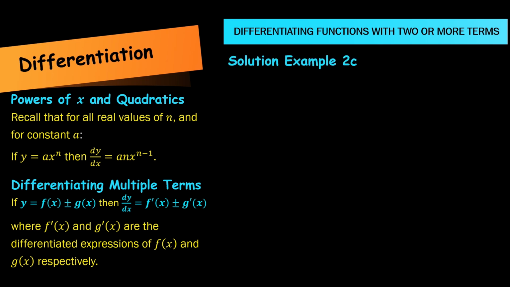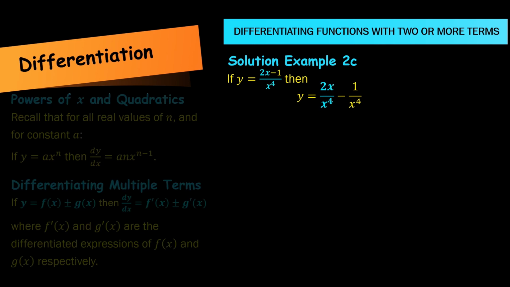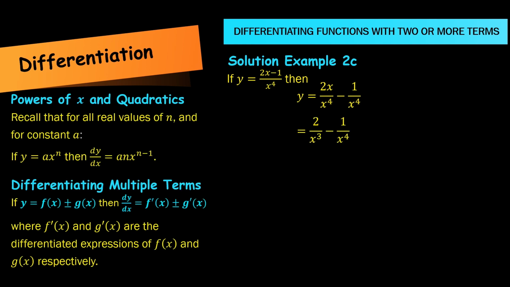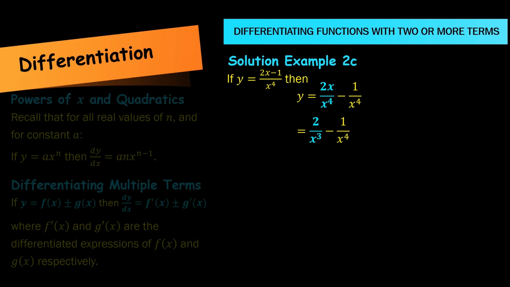Now let's solve example 2c. We are required to differentiate the expression shown on your screen. Again, we need to put this in a format that we can work with. So if y equals (2x minus 1) over x to the power 4, then this can be rewritten as 2x over x to the 4 minus 1 over x to the 4, giving us 2 over x cubed minus 1 over x to the 4.